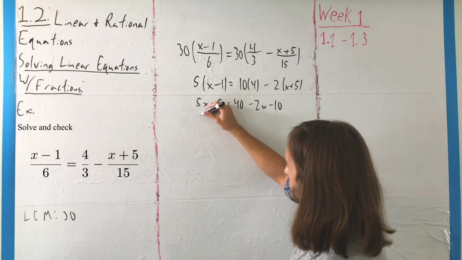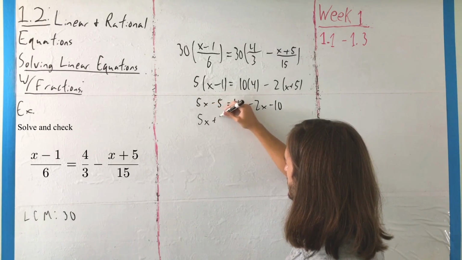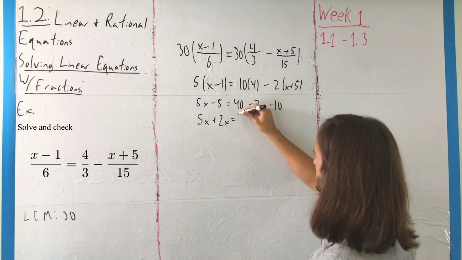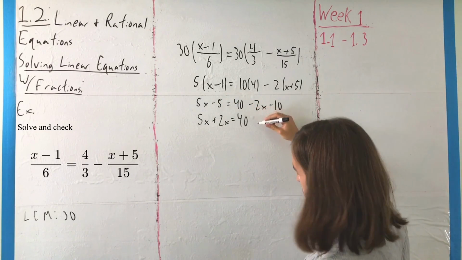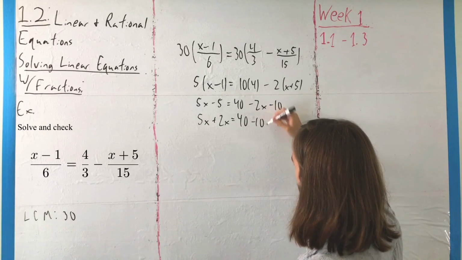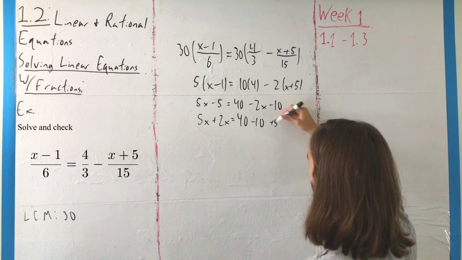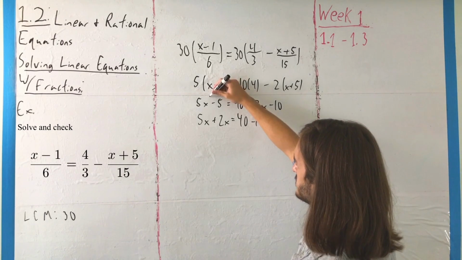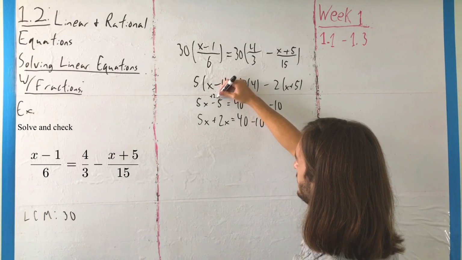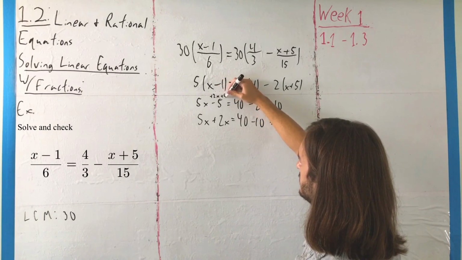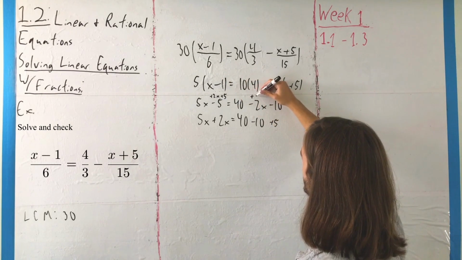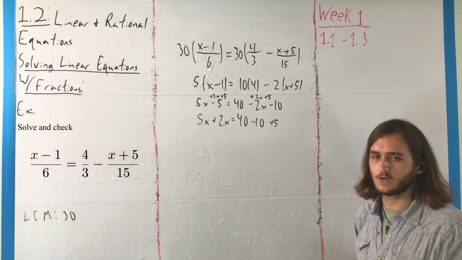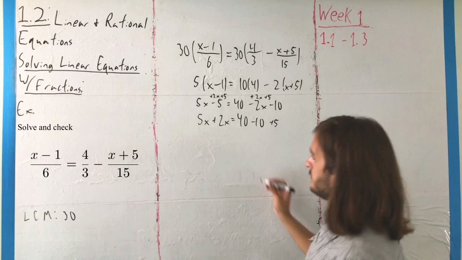So add a 2x over, 5x plus 2x. Over here, we have 40 along with a negative 10, and then I'm going to add over that 5. So I skipped a small step in there by adding 2x and 5. Over here, I'm also going to add 2x and 5 to make sure I follow the cardinal rule.